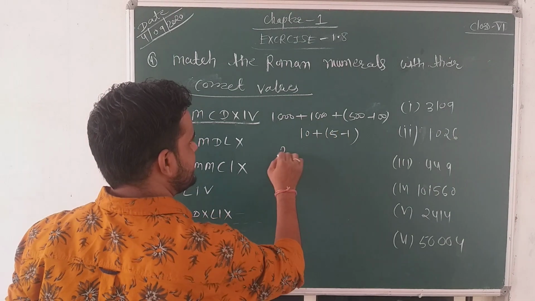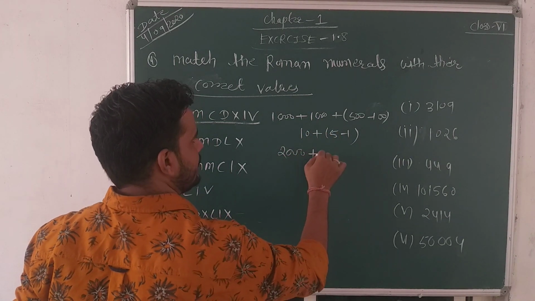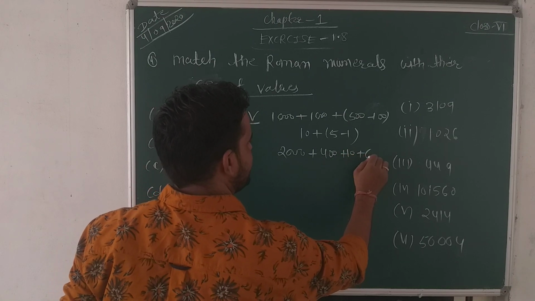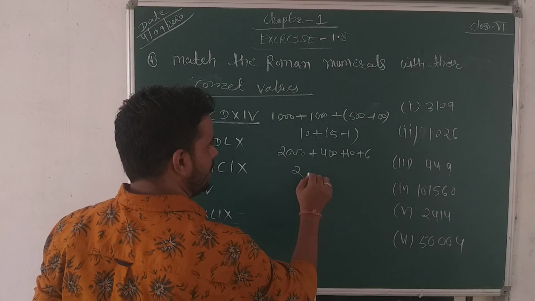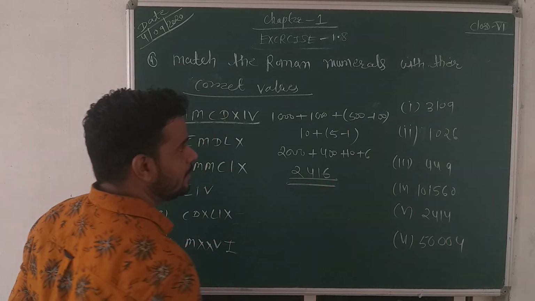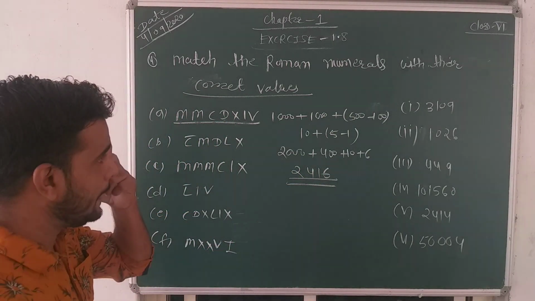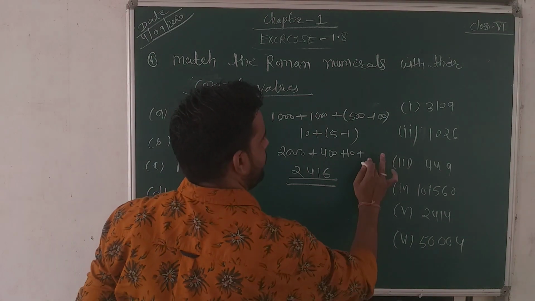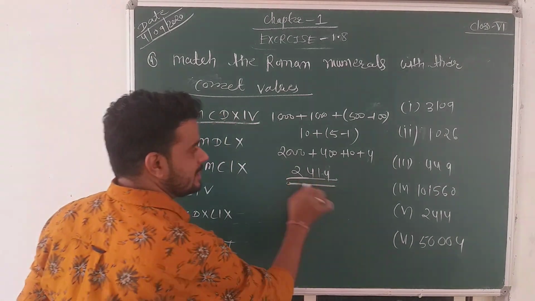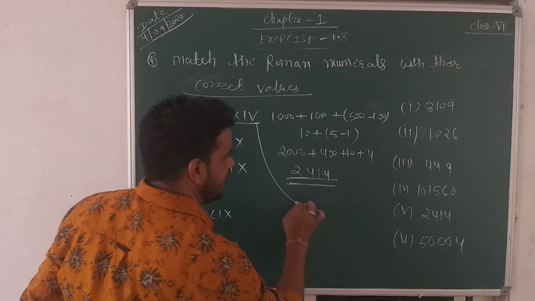So 2400 plus 10 plus 6, the result is 2416. This is your first match. So where is the number? Sorry, 4. 2414. The first number is this, so you have to match like this.